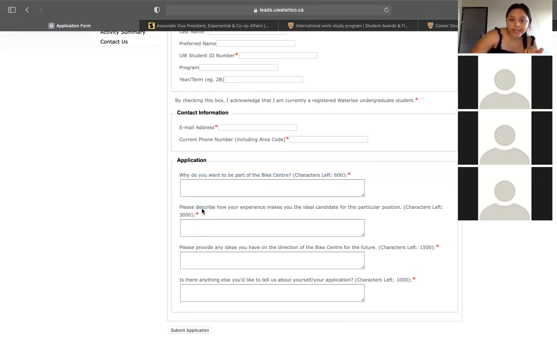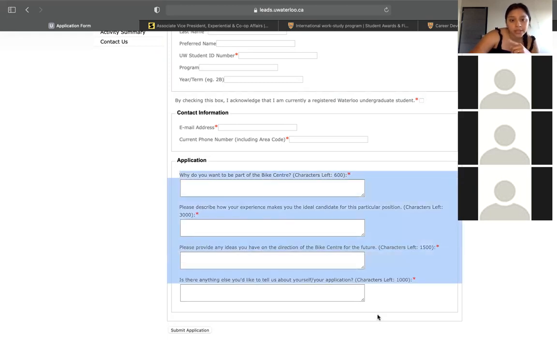If you do have this, I recommend that you copy and paste these questions into a Word document or somewhere else, because as I said before, all the UWaterloo platforms log out after a certain amount of time. Sometimes they don't save this, and you could just lose all of it. So it's better to have it in a safer place, like a Word document, where you can work on it at your own pace, at your own time, right?